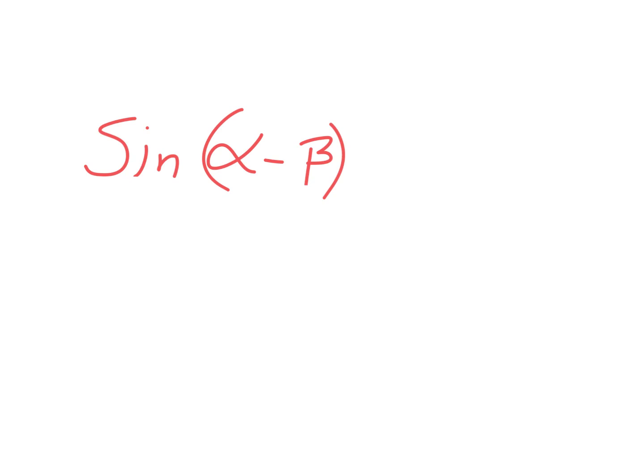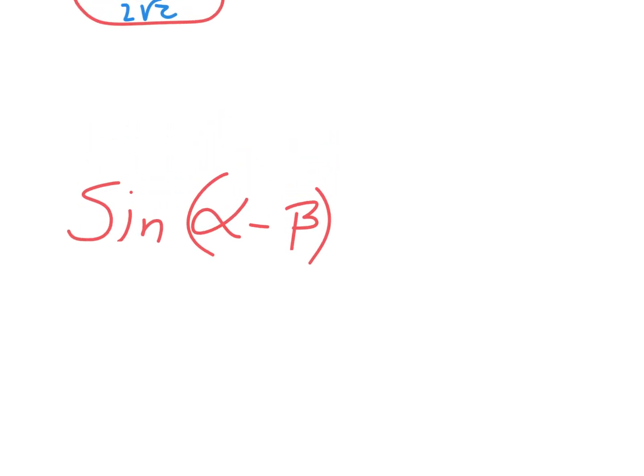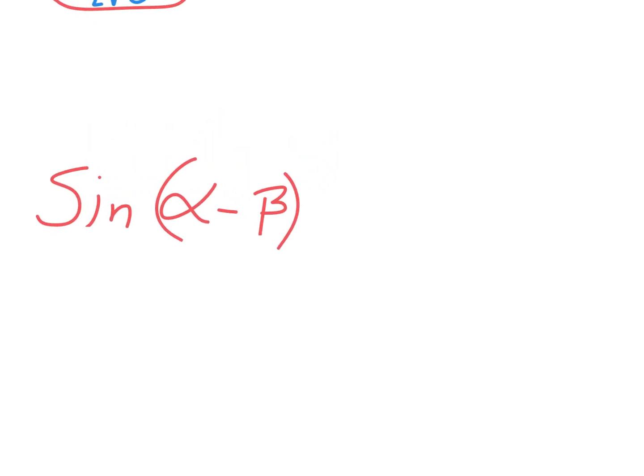Okay, so now I got to tell you more about alpha and beta. But I'm not going to be quite as obvious as last time where I just said it was like 45 and 30. This time I'm going to say that you can figure out alpha by this.